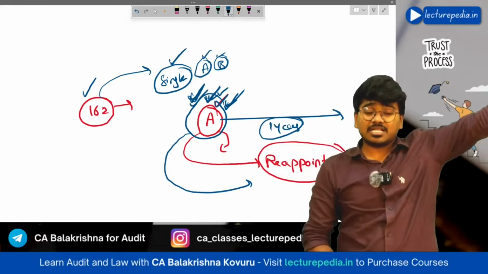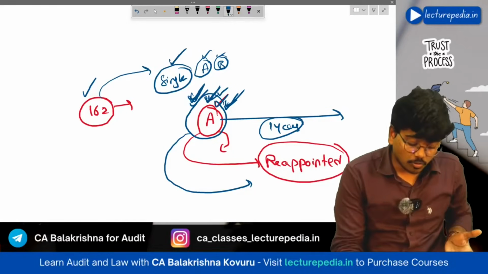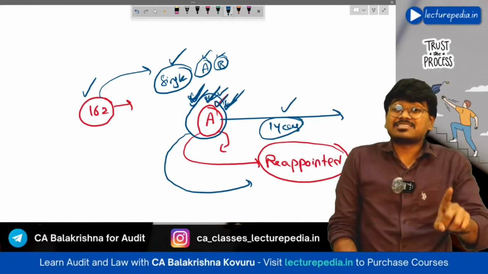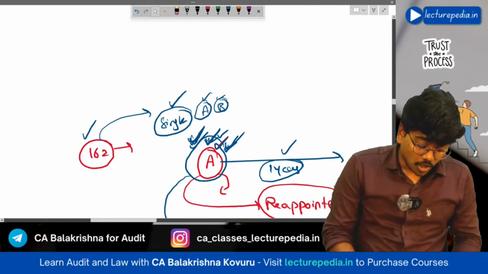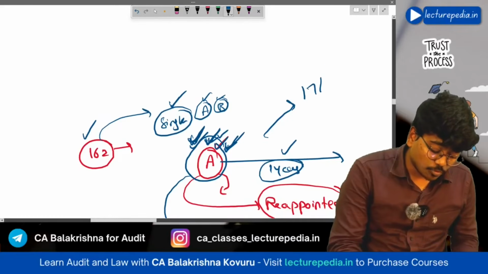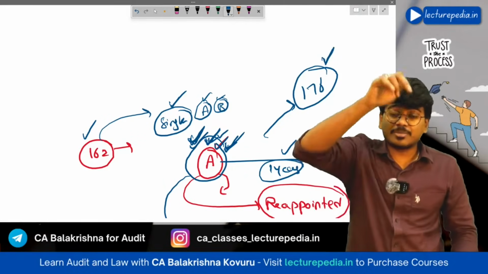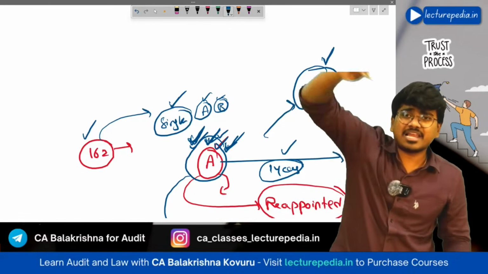Now what will happen to all these decisions? Are they valid or invalid? The answer is all those actions will become valid because of the application of section number 176. Section 176 will make all the actions done by this person valid.